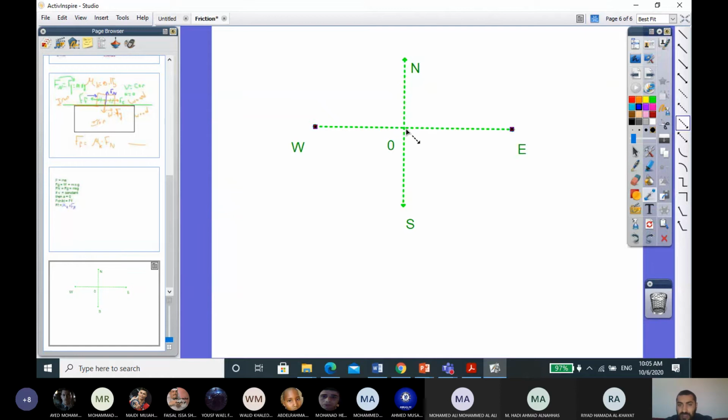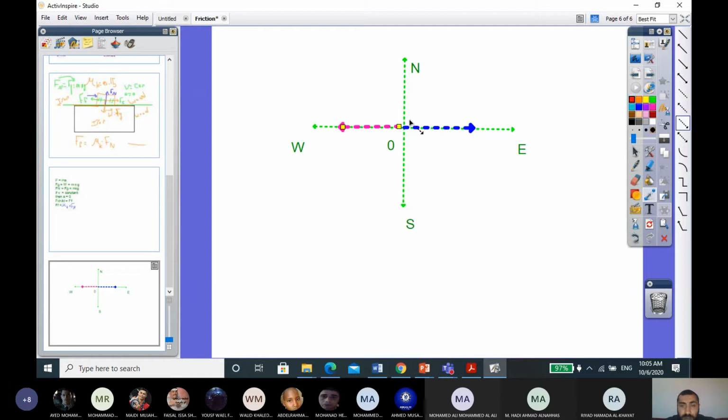So here, guys, see here, if I'm going in the positive direction, this is the 0. Everything here is positive, everything here is negative. Always I'm starting from the origin. So if I'm going to the east, this is how I go to the east. Another one, if I'm going to the west, this is how I go to the west.